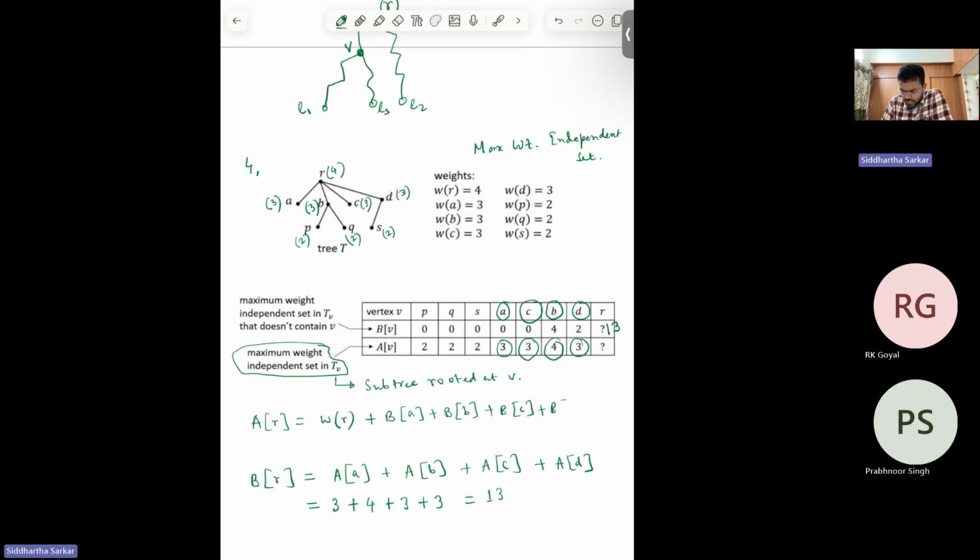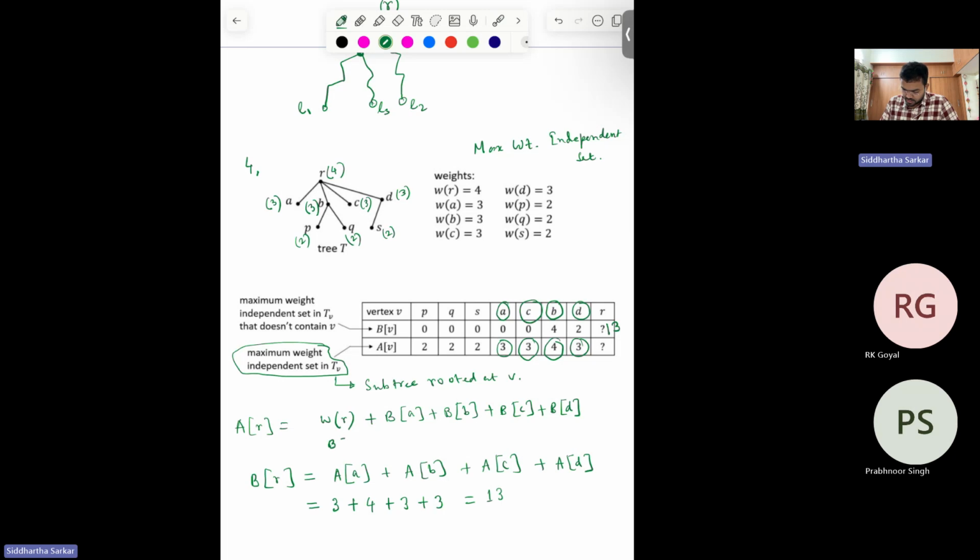You have already calculated this. So you have taken R, but none of its children, and you're taking the B values at the children. Those independent sets do not include the children, so what is the maximum weight that can be derived? That is one possibility. The other possibility is that you do not take R at all. If you do not take R, then you take the sum of the A values. So basically, you take B of R.